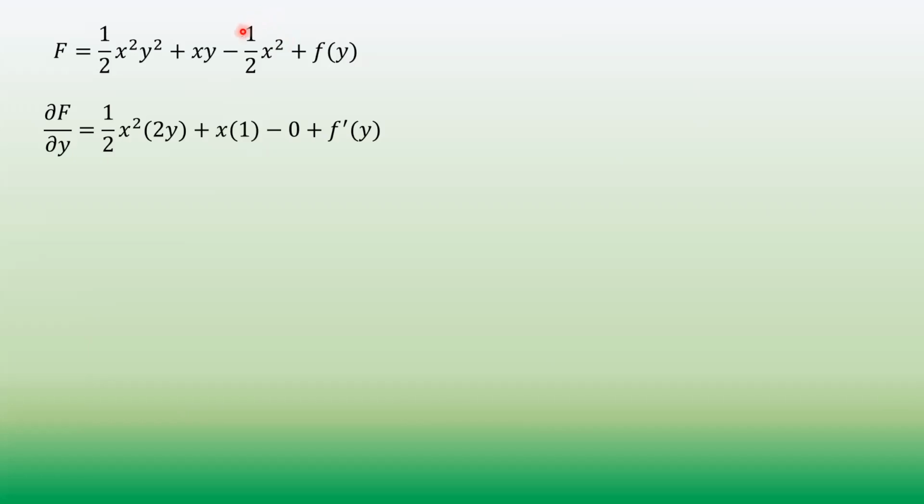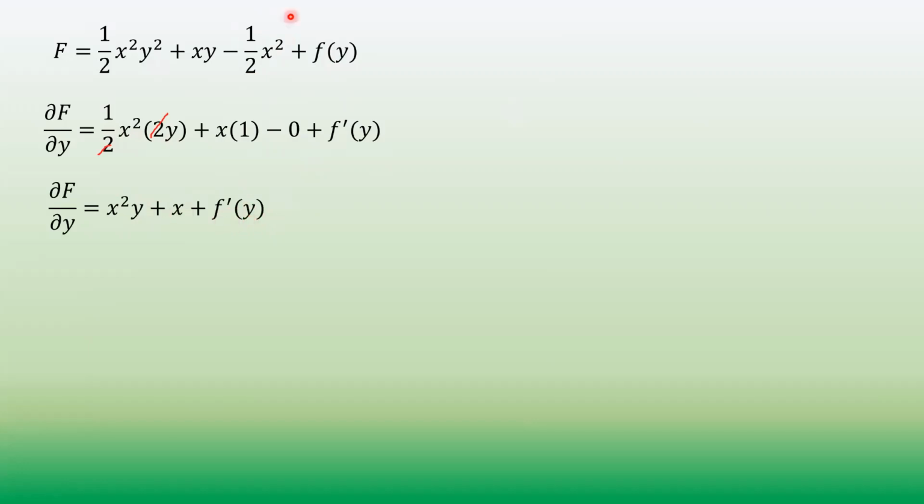Ang derivative ng 1 half x squared ay 0 kasi yan ay constant. And ang derivative ni f of y is f prime of y. Simplifying, cancel ang 2 dito, so meron na lang tayong x squared y plus x plus f prime of y.